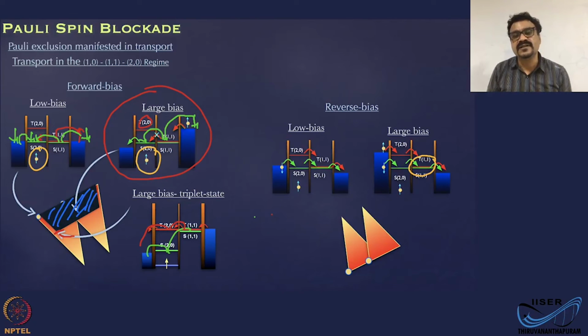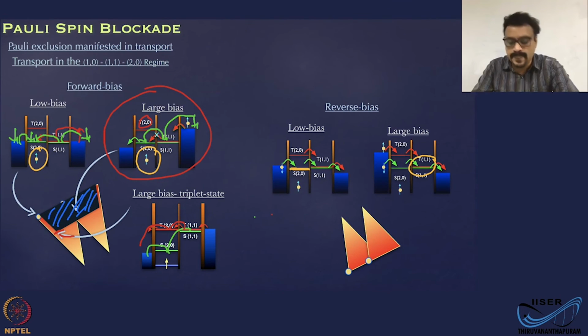This state can never take a spin up electron. So the spin selection happens here itself, in the tunneling itself. And the spin up electron can tunnel when the T20 state is available.